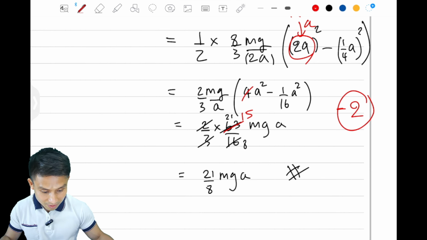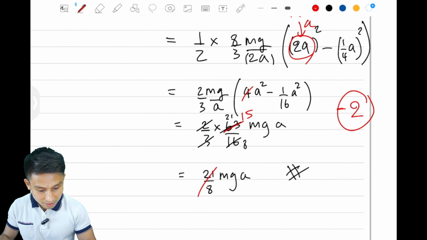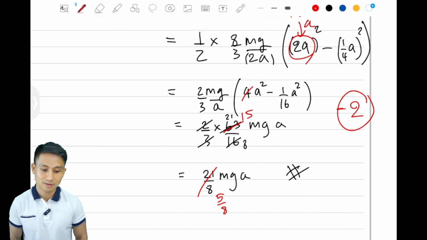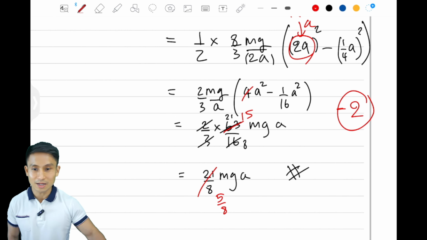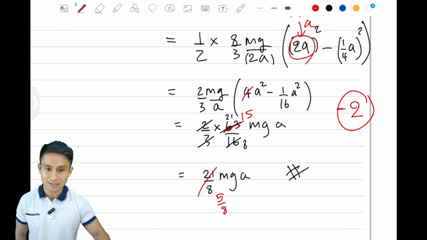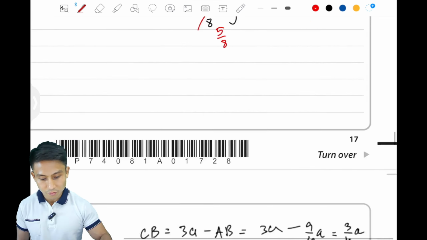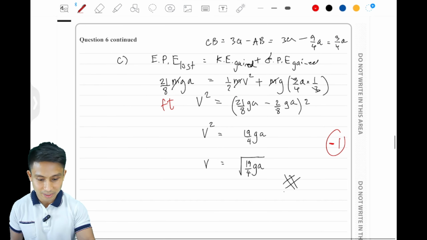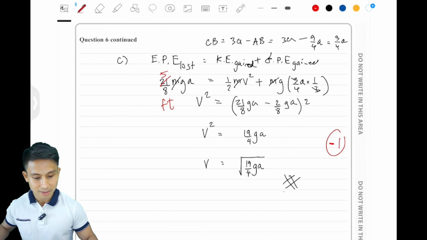And then that means this should have been 5 over 8, I think. Yeah, just cancel everything. So yeah, that should be right. 5 over 8 mGa instead. Yeah, and if you use the right value for this energy loss in here, so that should have been 5, right?